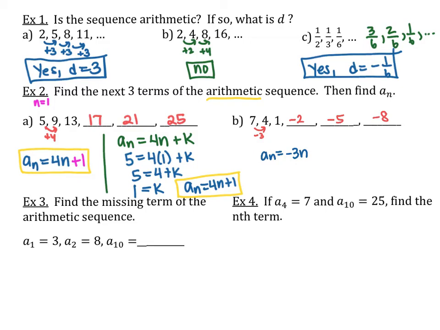Now I'm going to adjust it because the odds that that is correct just the way it is is very low. So the very first term is this one. When n equals 1, I should get 7. If I plug in n equals 1 here, negative 3 times 1 is negative 3. In order to get 7, I would have to add 10.